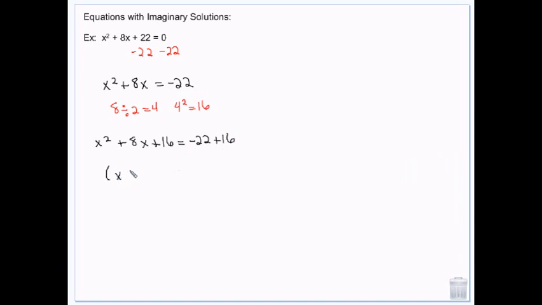And this is going to give me x plus 4 squared is equal to negative 6. I'll take the square root of both sides. And I get x plus 4 is equal to plus or minus the square root of negative 6, but I can't have a negative.